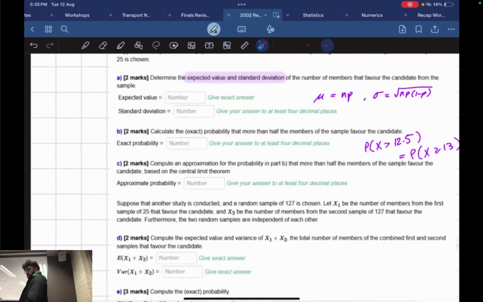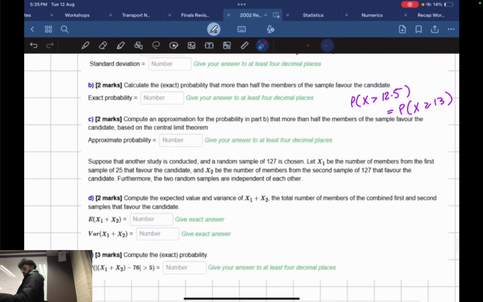But okay. Anyways, part D. They've given us a new sample, x2, for a variable of x2, and a new sample of 127 people. We're asked to find the expected value of x1 plus x2, and we're also asked to find the variance.